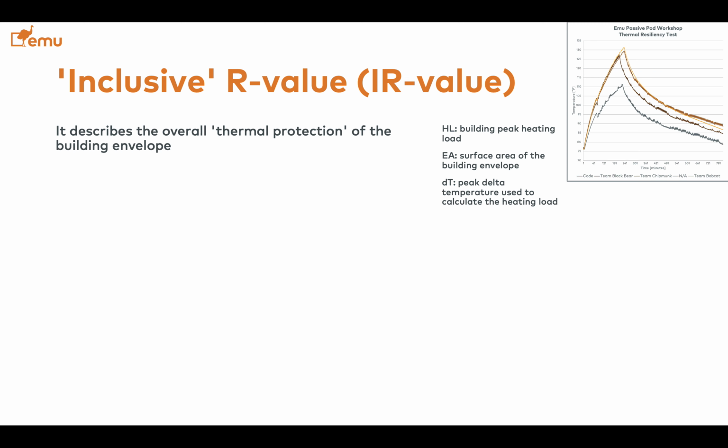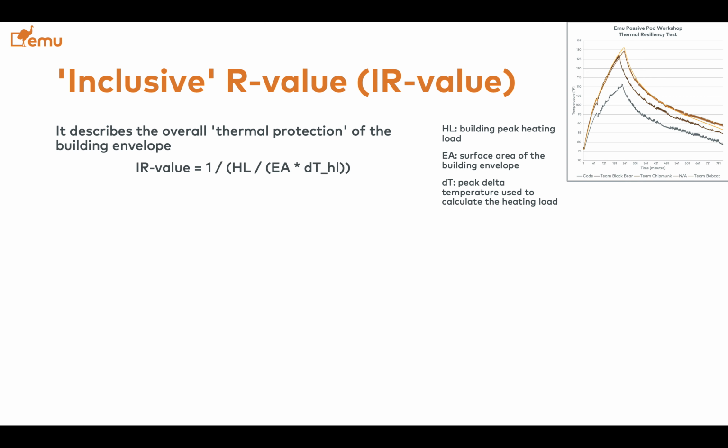It's also a good way to compare building standards with each other because, for example, in different versions of the IECC, they may increase the amount of insulation you have at the ceiling, but they may have a higher allowance for leakage. So how do you compare the two? The inclusive R value can help you with that.